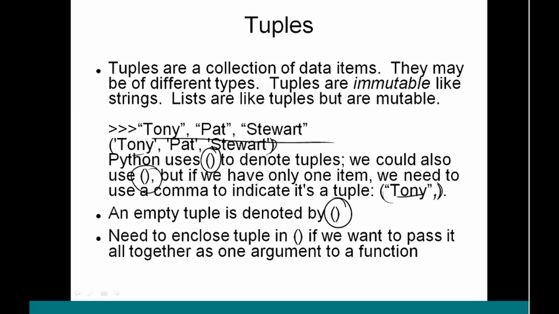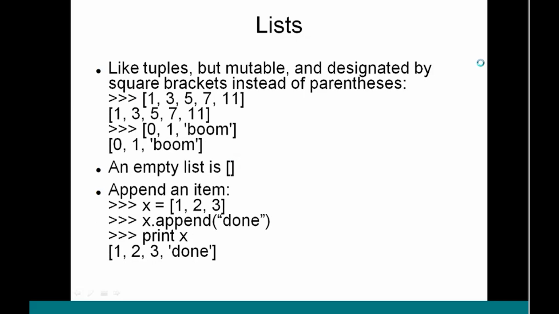We need to enclose a tuple in parentheses if you want to pass it all together as one argument to a function. So in a tuple, we had this notation where we pass the entire thing as one object.